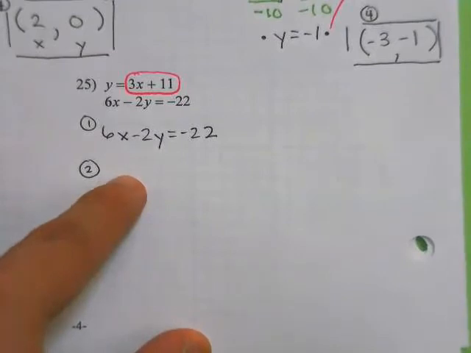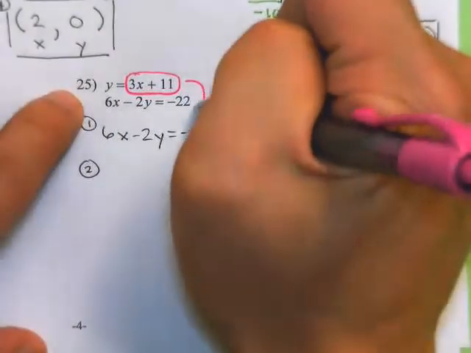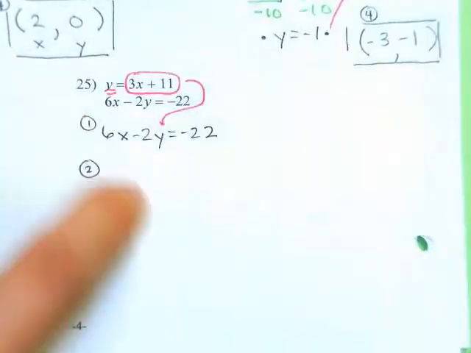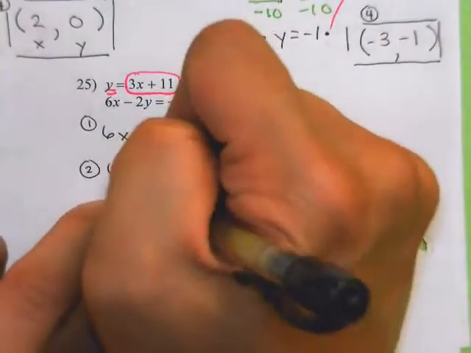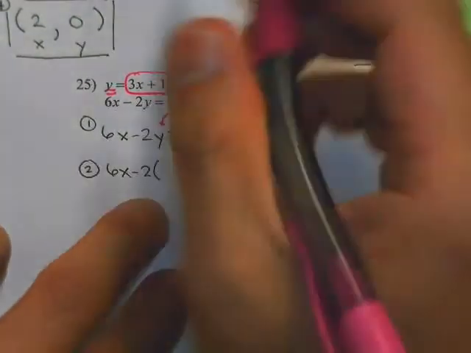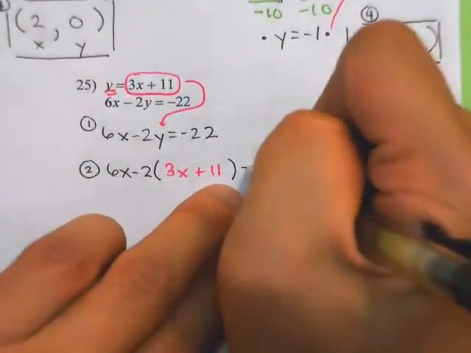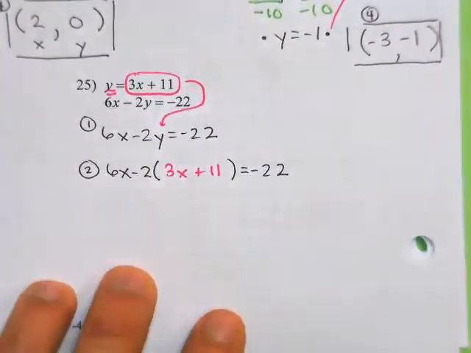Before, where are we going to plug this in? On the x or on the y? In the y, because it is y equals. 6x minus 2, let's put in the parentheses, 3x plus 11 is equal to negative 22.